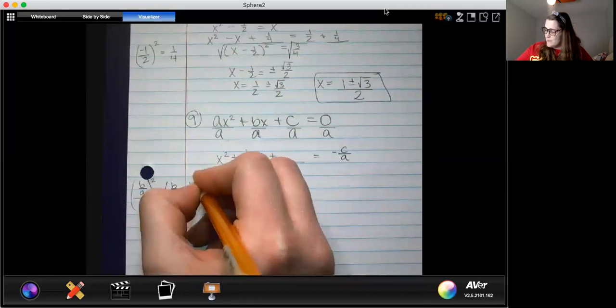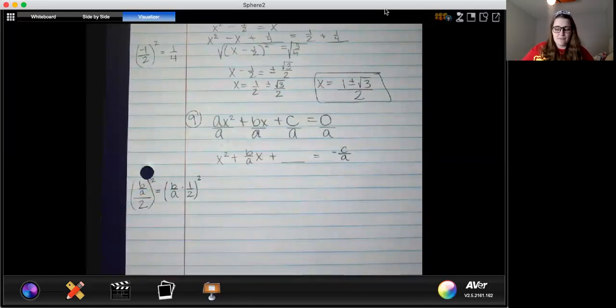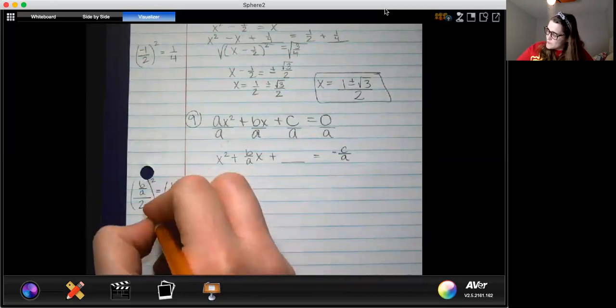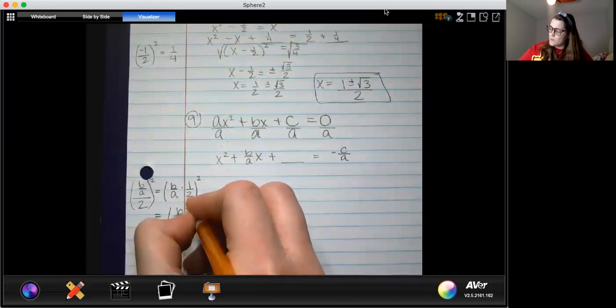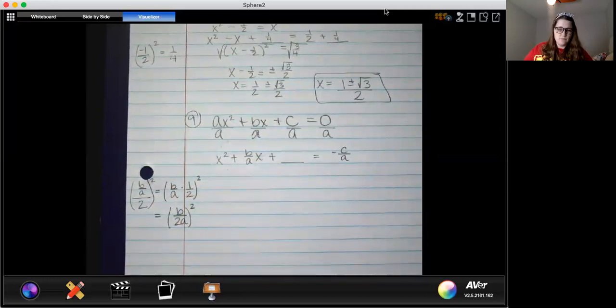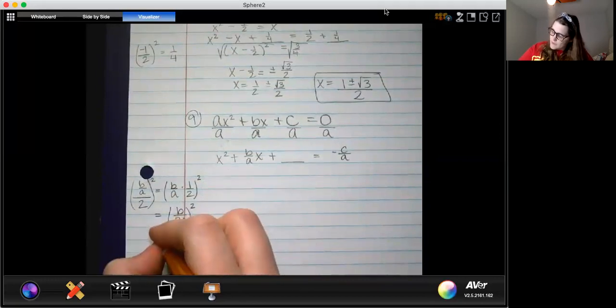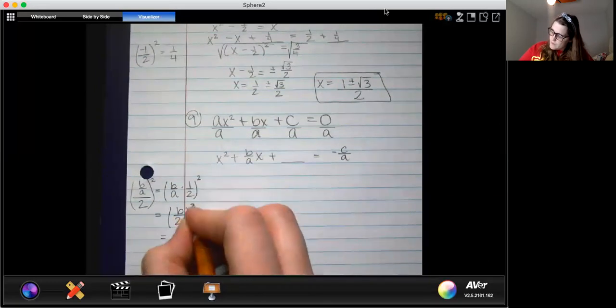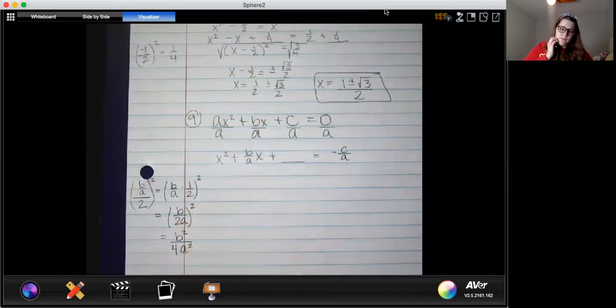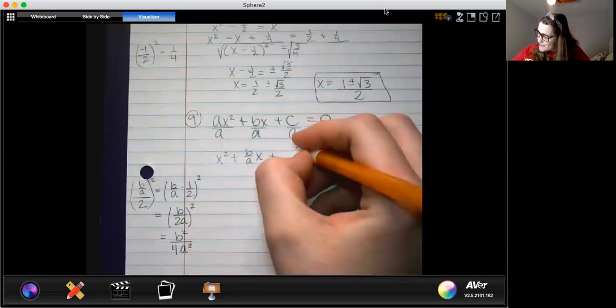So that would be b divided by a times 1/2, which would result in b divided by 2a quantity squared, because obviously we're just multiplying across, there's nothing going to simplify there. And squaring it would give me b squared, 2 squared, which is 4, and a squared. So b squared divided by 4a squared, which is a fraction. Yes, it's a little bit complicated, but that's okay. We're going to get there.